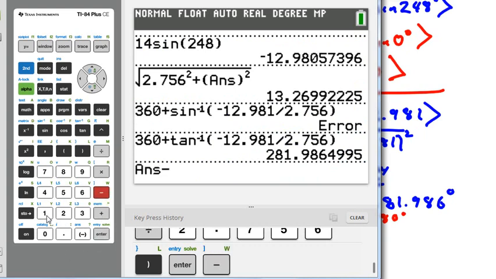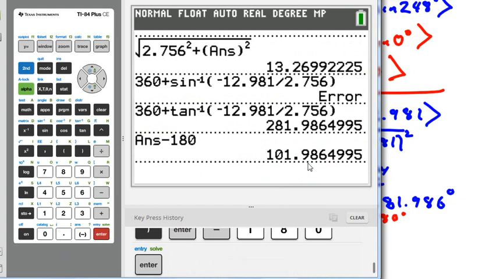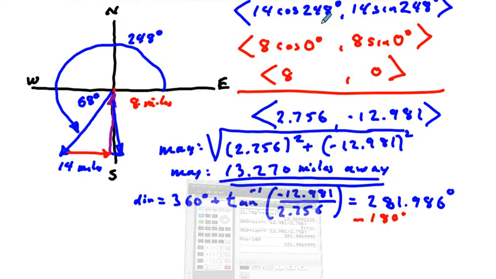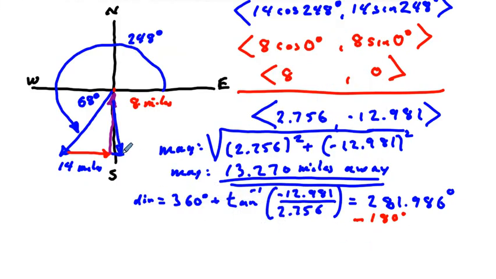So one thing you have to do is think what's being asked here. So 101.986. So going back this way is going to be 101.986. And you can see if you take this thing to the origin, that's going to be 101.986. Let me go ahead and just write that.